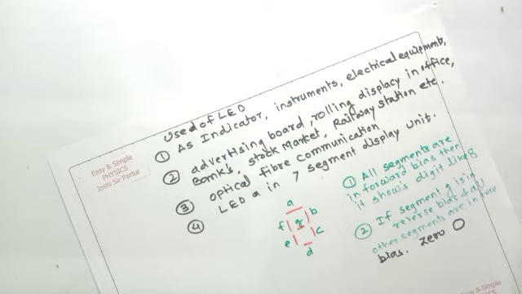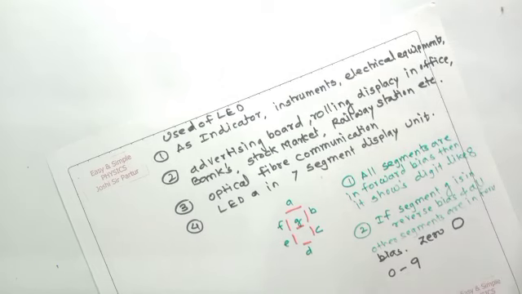It represents 0. So the digits from 0 to 9 can be shown by the display unit.